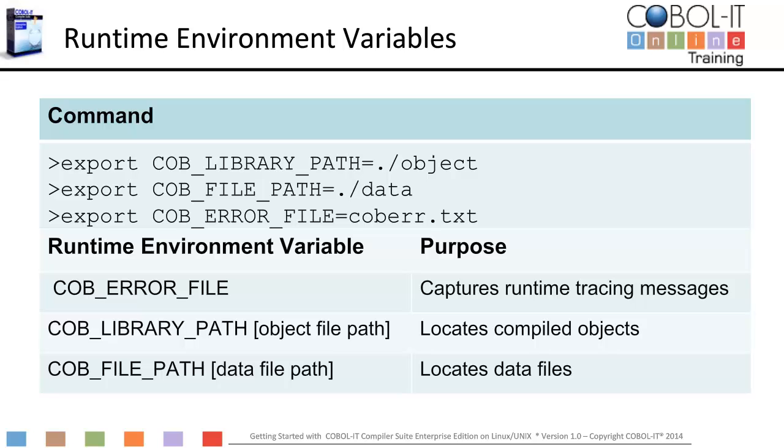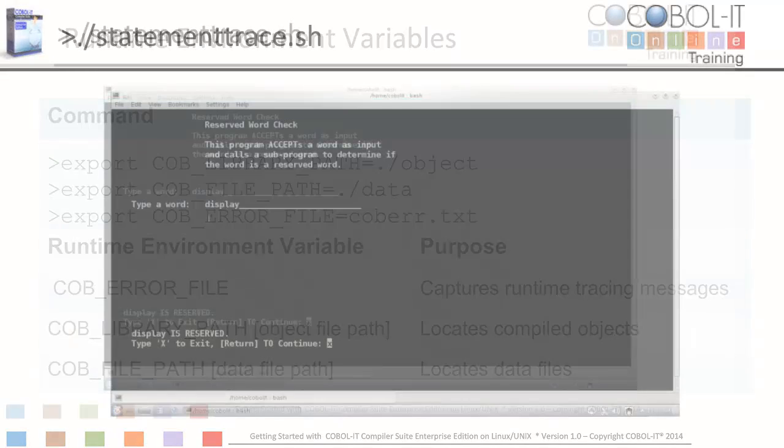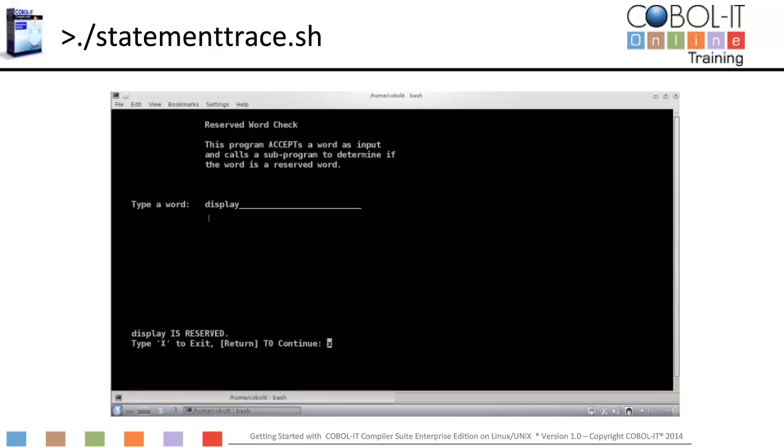As seen before, the COBOL library path and COB file path are required for locating compiled objects and data files. Let's run the application while creating a statement trace. Using the G and F trace all compiler flags causes a statement trace to be generated. Output will be written to the COBOL file as the program runs.